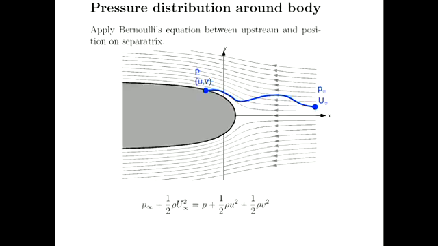And typically, as engineers, we're not too worried about how the pressure is varying in that open flow. We're more concerned with what the pressure is at the surface of the solid body that we're considering, because it's that pressure at the surface which dictates the forces acting on that vehicle.